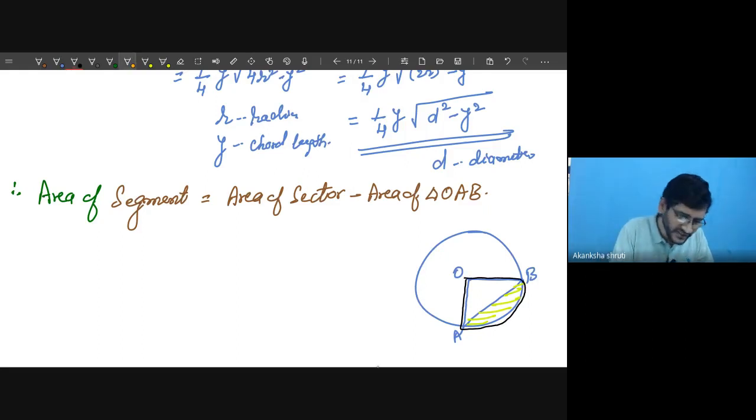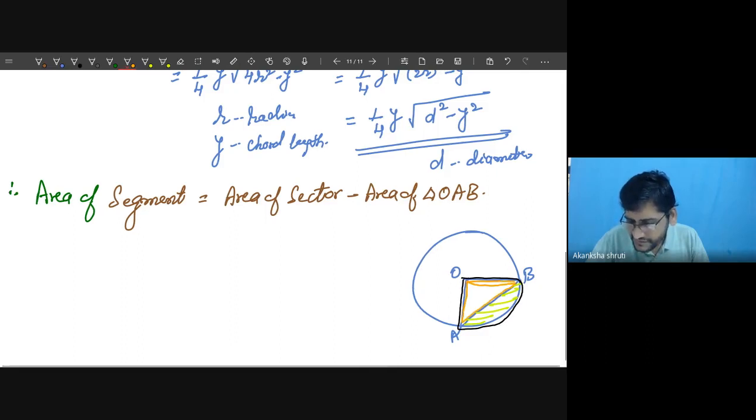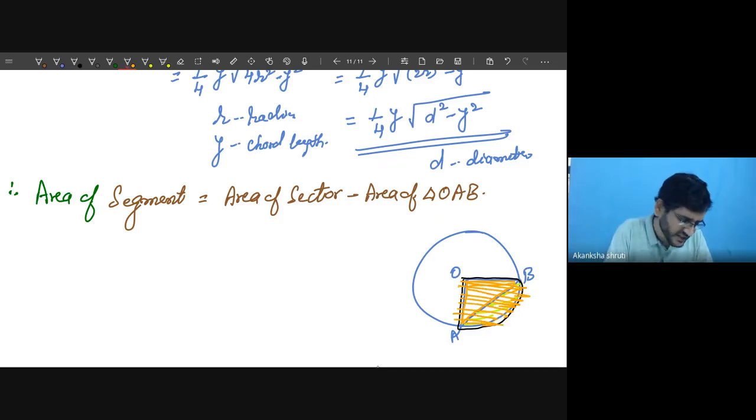Then from this we are going to subtract this much area, so we will be left with this one. I had drawn the correct figure there also: this entire area we are taking, then if we subtract only this much area, we will be left with only this much area. So that's why we have written this formula here.